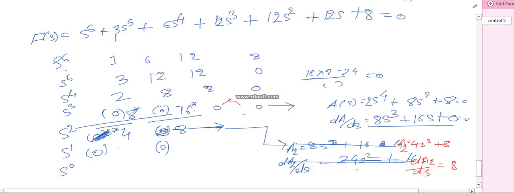So the equation I get is, this is 8 and this is 0, and so from here you get this one is 8.